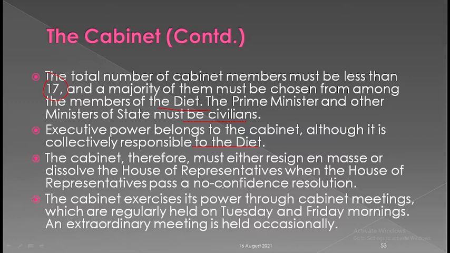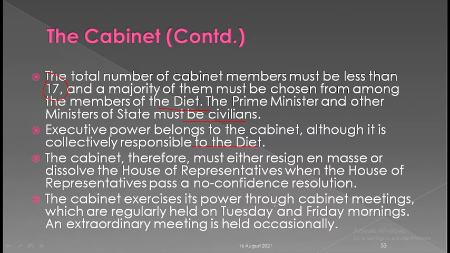Since most of the cabinet members are derived from the Diet, particularly from the House of Representatives, and are collectively responsible to it, in case a no-confidence motion is passed, the cabinet should collectively resign or dissolve the House of Representatives. They don't have any other option.